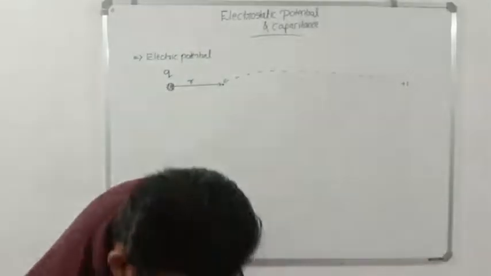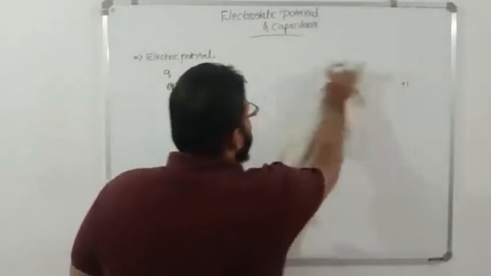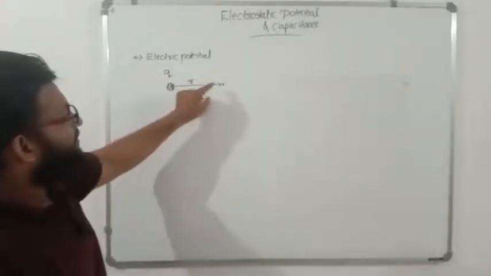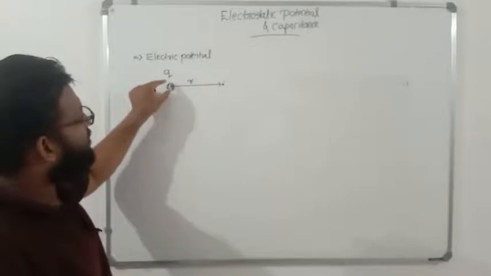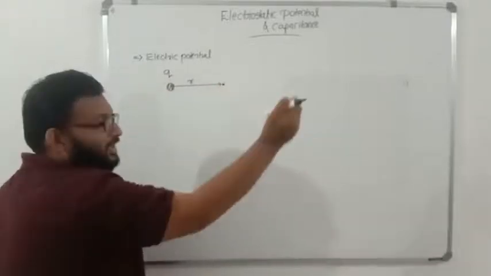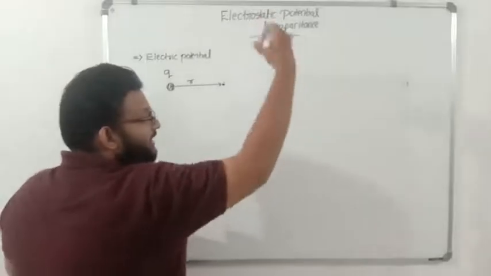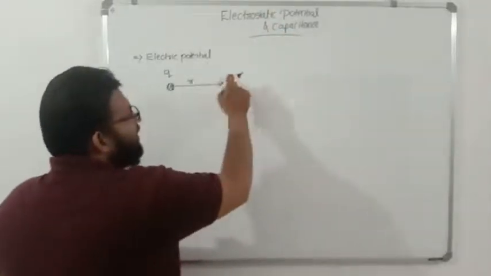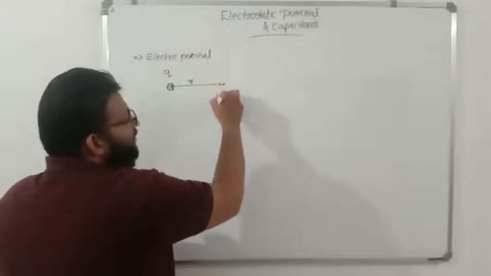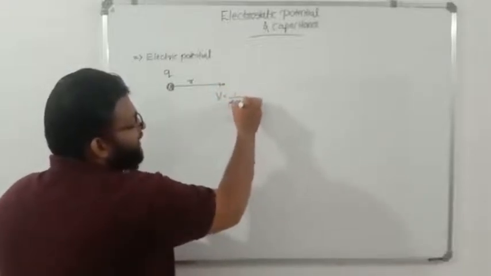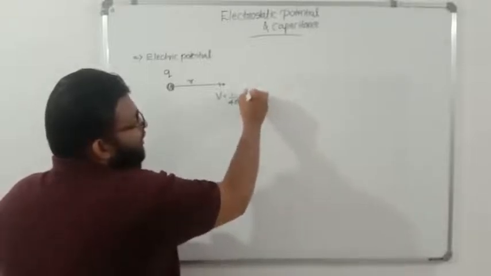So let me give you the idea. Now we are having a charge and there is a point at a distance r from the source charge. Then potential at this point, or the work done to move a charge from infinity to this point, is given by the equation V is equal to 1 by 4 pi epsilon, q by r.